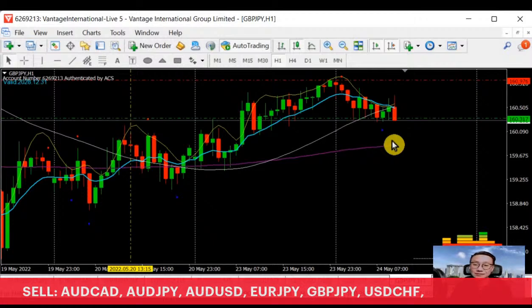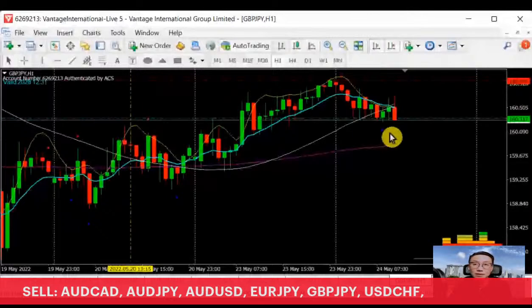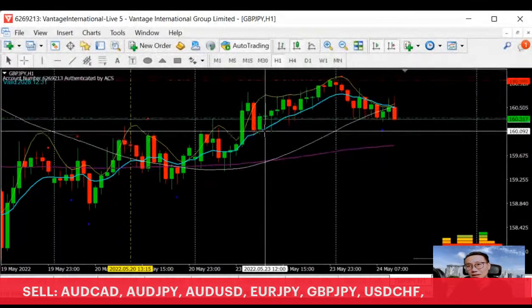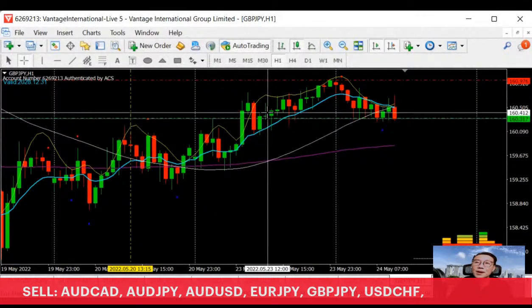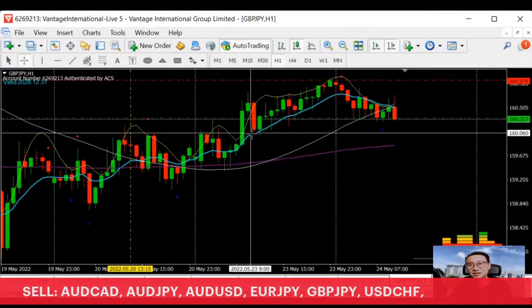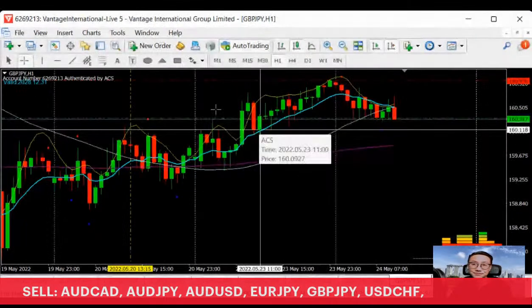Because the read is very important. If it's something like this, after it closes and opens below, yes, it breaks, the first part. But then when it retraces upward, it goes back above the support level. So in the end, a lot of us may read this as a false breaking.